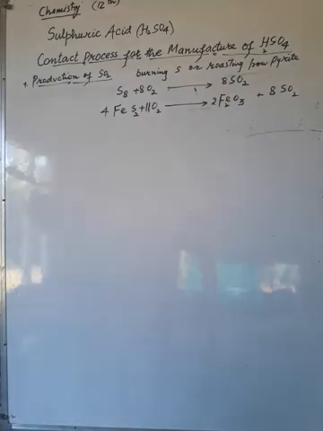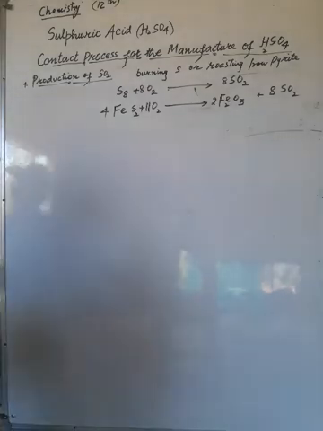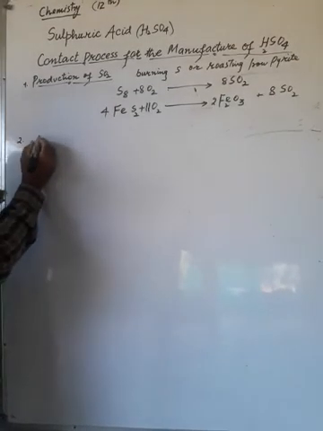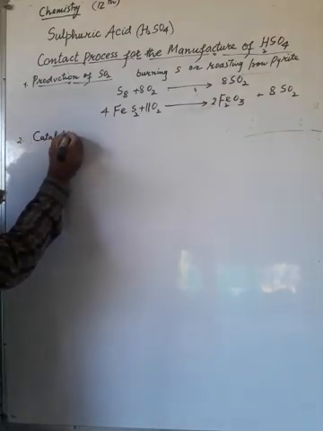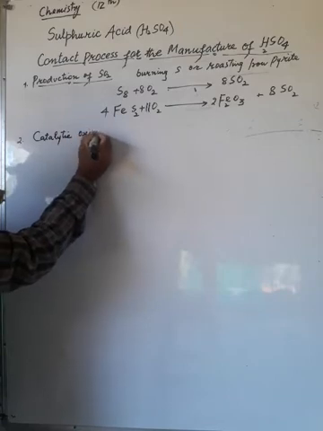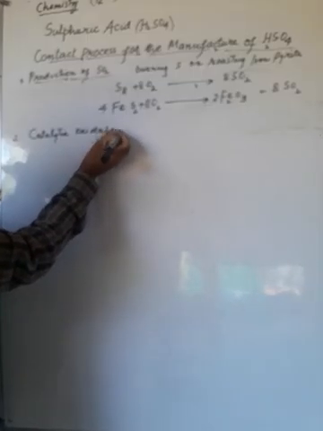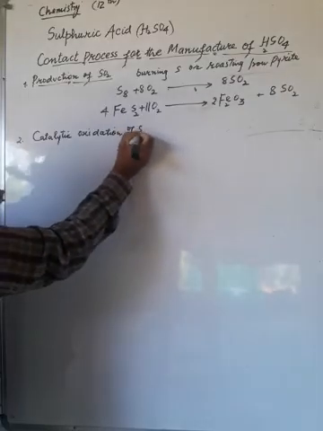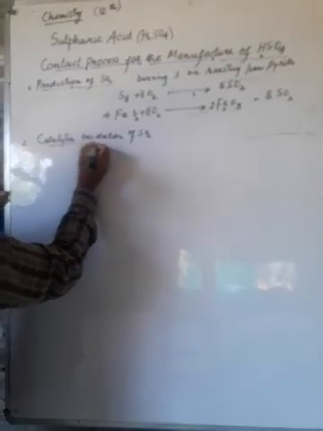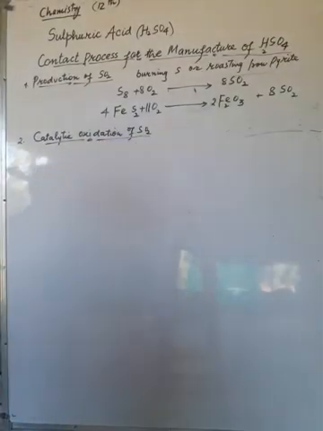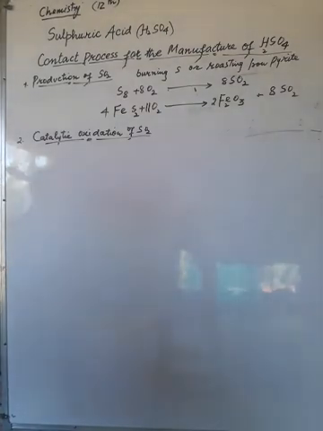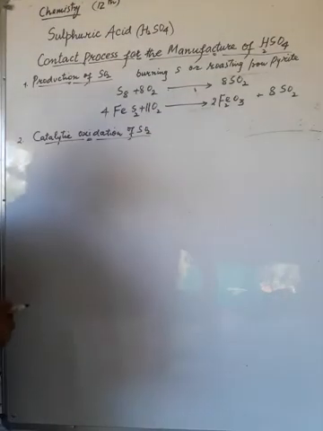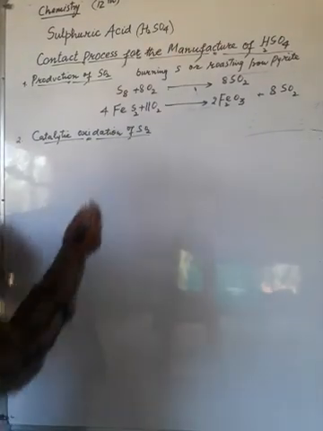Now next is the catalytic oxidation of sulfur dioxide. The oxidation of sulfur dioxide is done in air in the presence of a catalyst.